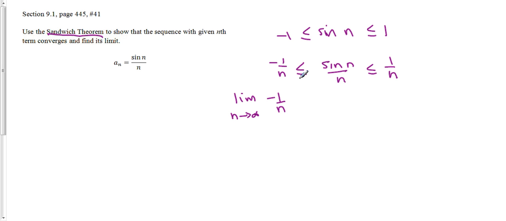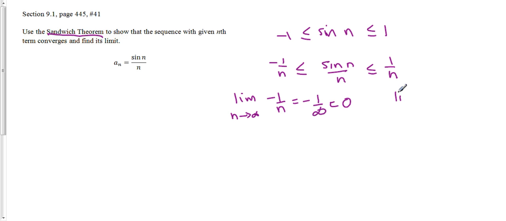Well, remember, we have a series of methods that we use when we're evaluating a limit. We could make a graph, that's the first one. The second one is to substitute in. And what if I substitute in? What am I going to get? -1 over infinity, and what's that going to be equal to? 0. So I know that the sequence -1 over n is going to converge to 0.